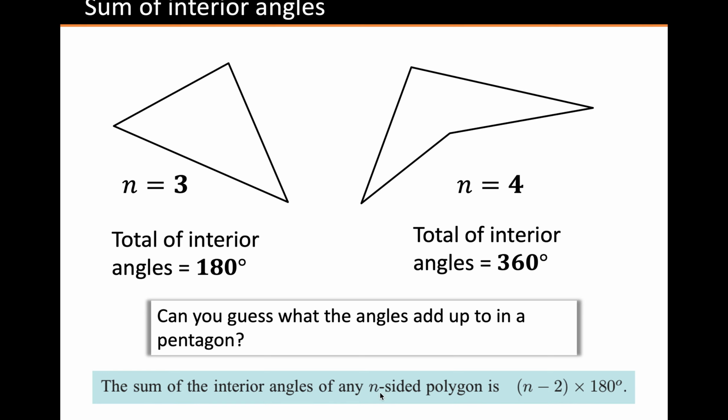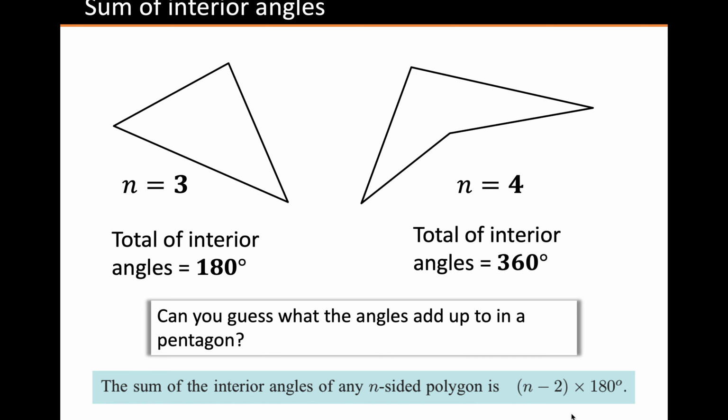The sum of interior angles of any n-sided polygon is (n minus 2) times 180. Let's check. n is 3, 3 minus 2 is 1, 1 times 180 is 180. If n is 4, 4 minus 2 is 2, 2 times 180 is 360. Let's try the pentagon, 5. 5 minus 2 is 3, 3 times 180, we get 540.